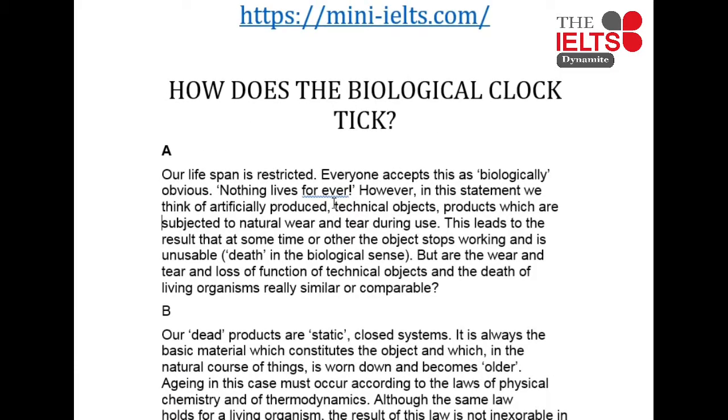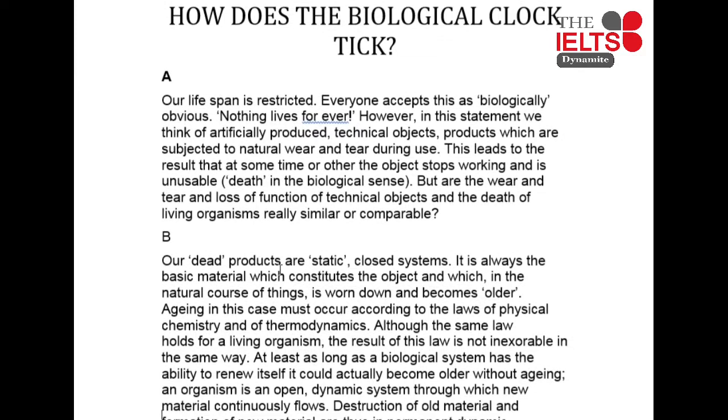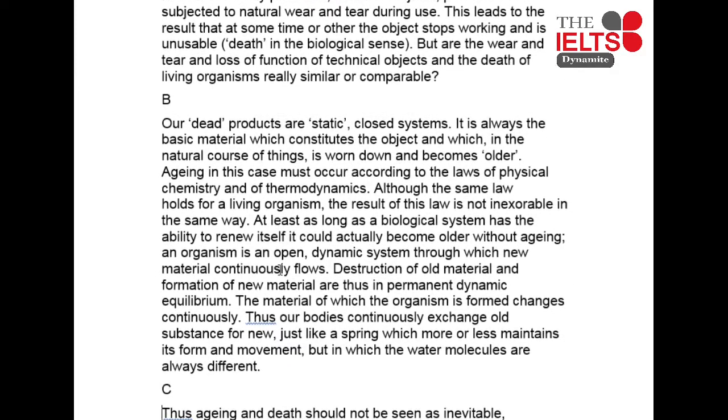So what I will do here, I will try to scan it to find the word age. Actually, the first paragraph here doesn't have the word age. Let's move. Let's come here. Dead product, static material which constitutes objects, in which natural course of things becomes older. Aging, yes.